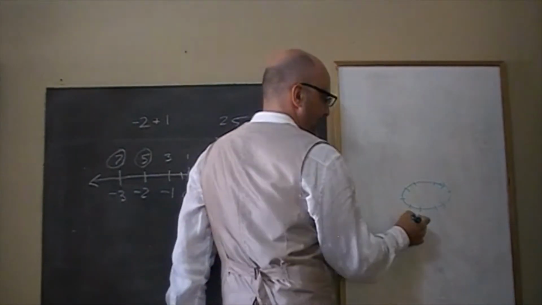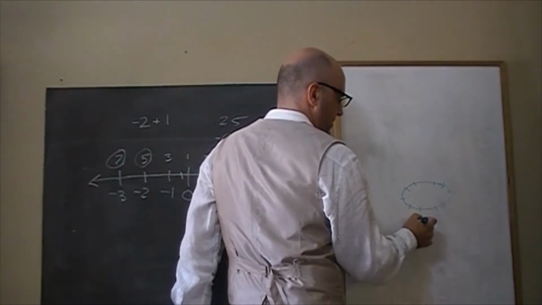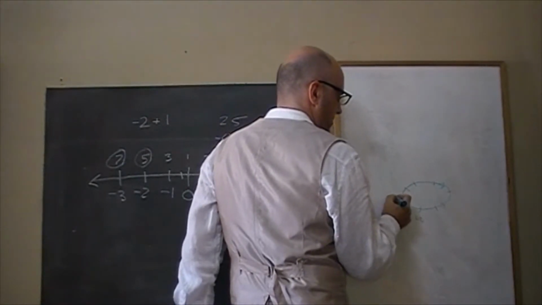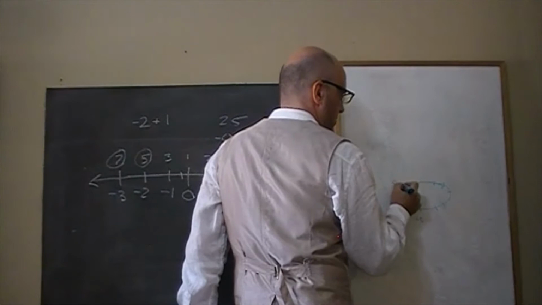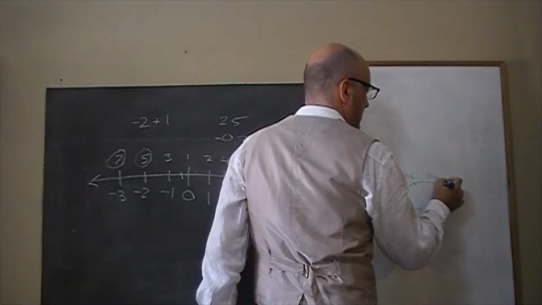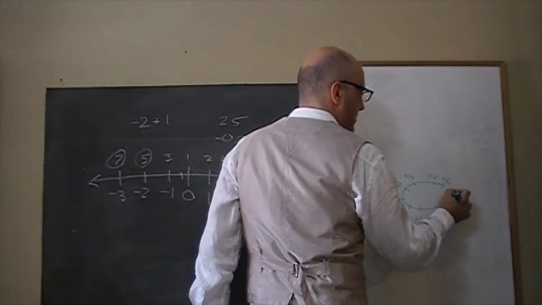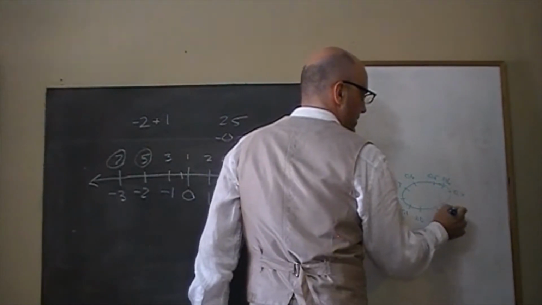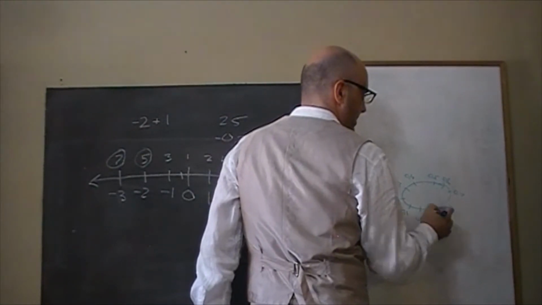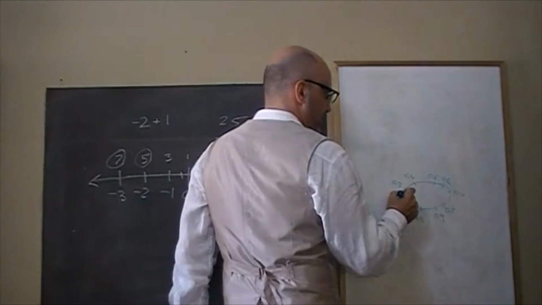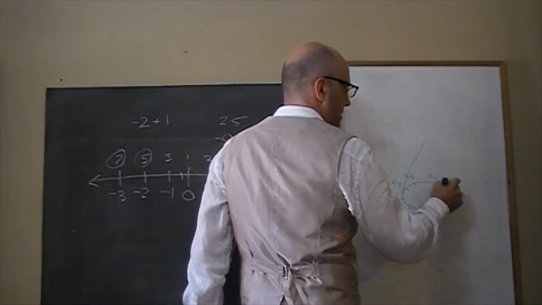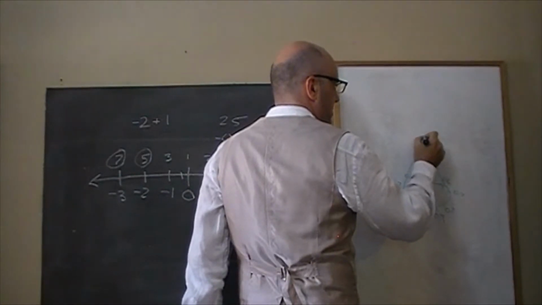And I'm going to label them 0.0, 0.1, 0.2, 0.3, 0.4, 0.5, 0.6, 0.7, 0.8, and 0.9. And then I'm going to draw the rest of the cone, and I'm going to label the apex 1.